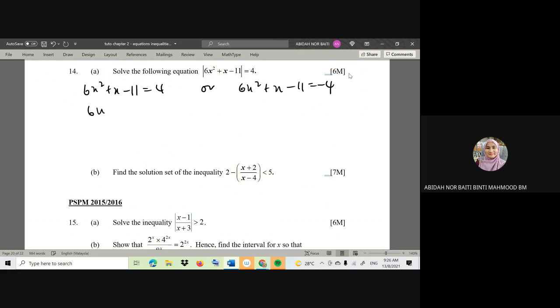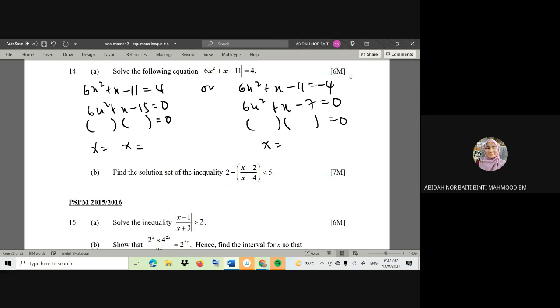And then we rearrange and factorize. Then find your x. Two values of x. Okay, ni pun samalah. Rearrange. 4 minus 11 berapa? Negative 7. Negative 7. Factorize.